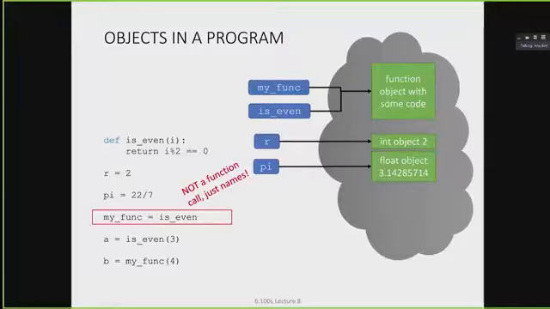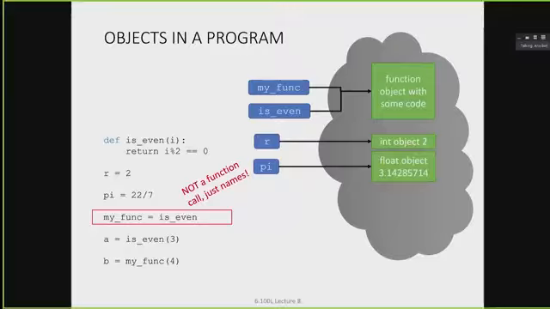It's literally the name of my function. So inside memory, what I've ended up doing is I have two names, my_func and is_even, that both point to the exact same function object. So that function object, this is_even function, can be referenced by both of these names.